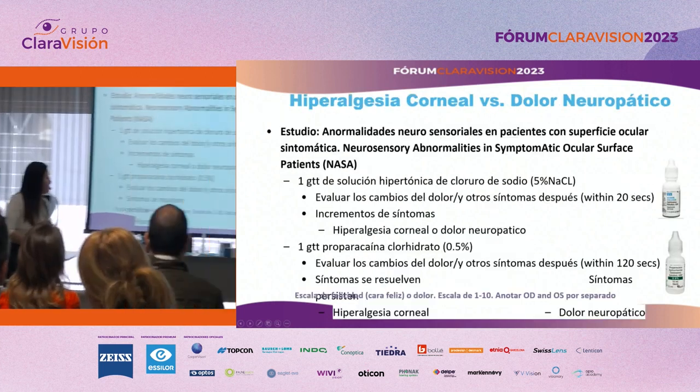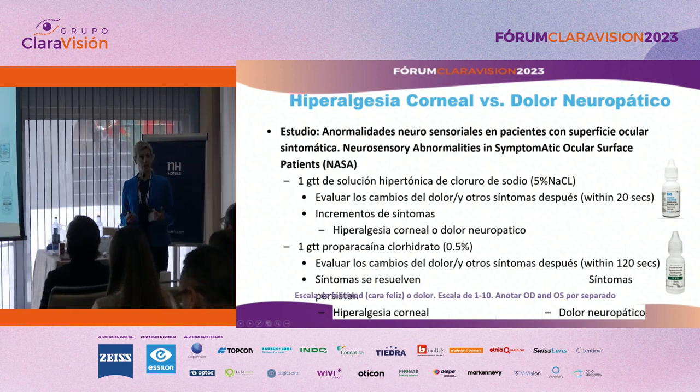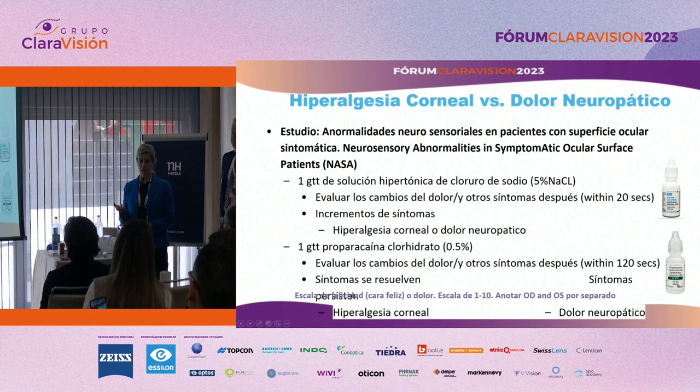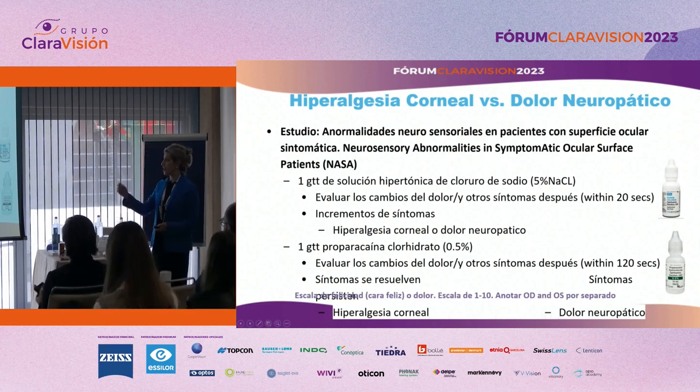Both of those things can take a long time, and so there are faster ways that you can do this in the office. The first thing is if you use hypertonic saline drops, which are over the counter. I believe you have them here. They've been around for 40, 50 years. If you want to have the patient gauge their ocular discomfort on a 1 to 10 pain scale, you say, how does your right eye feel?